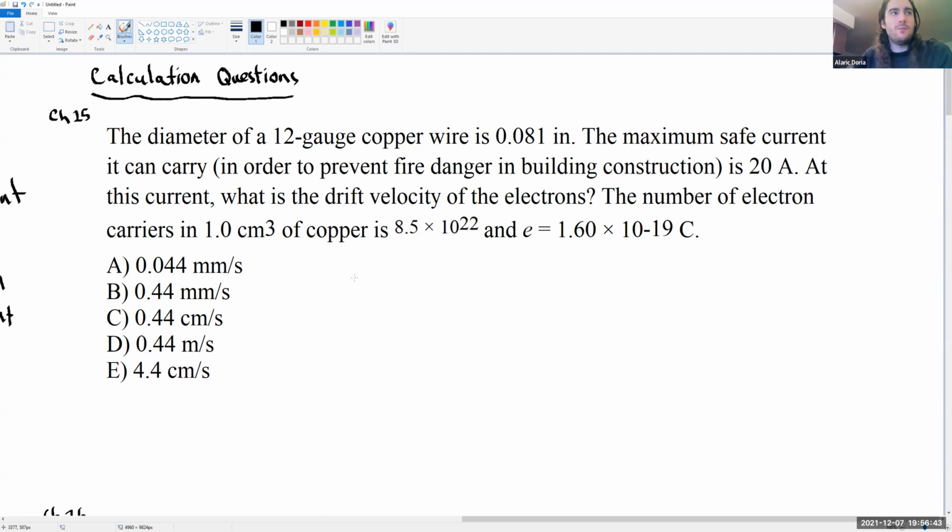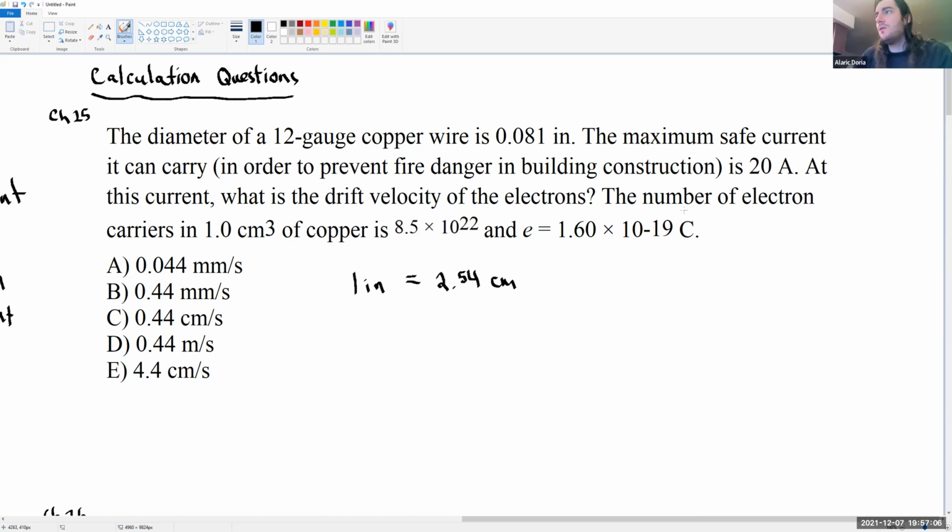Typically, I won't ask you to make conversions on many problems. So 1 inch is 2.54 centimeters by definition. So this is a definition, which means that both sides of this equation have an infinite number of significant figures.